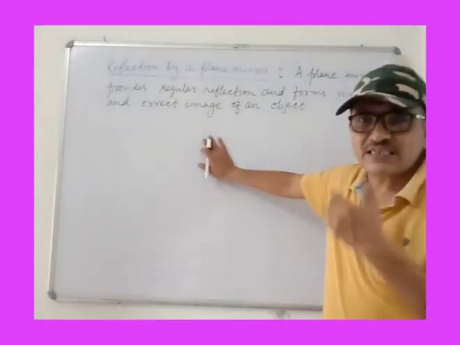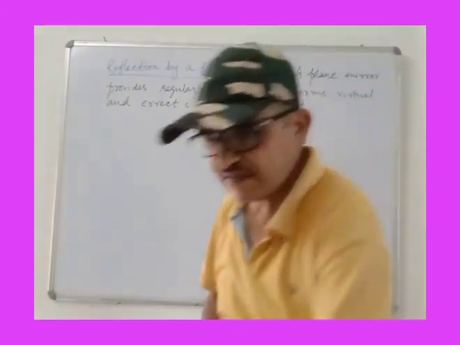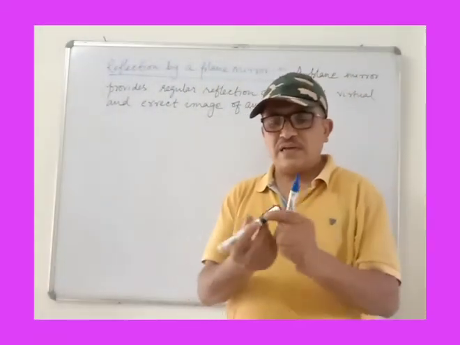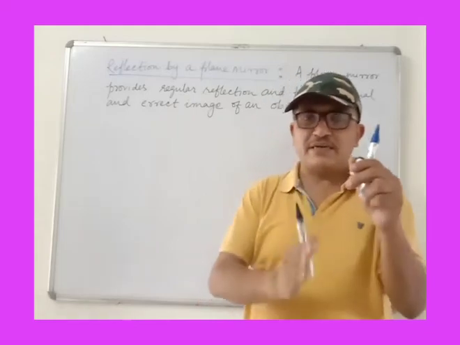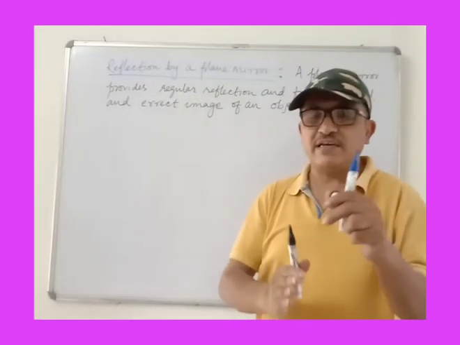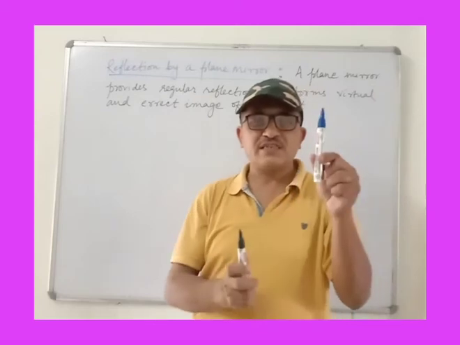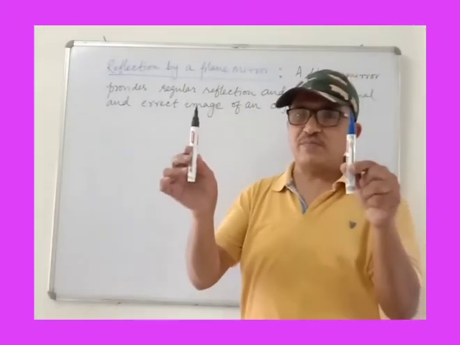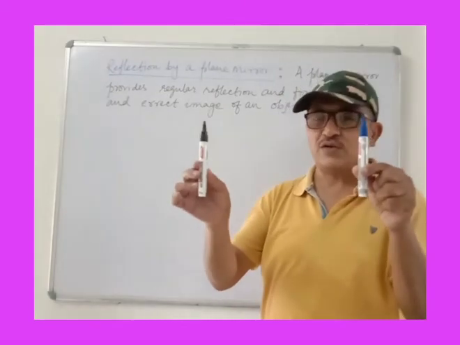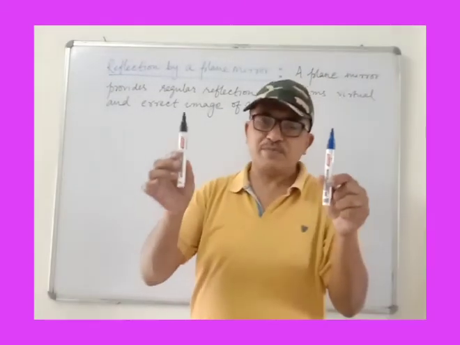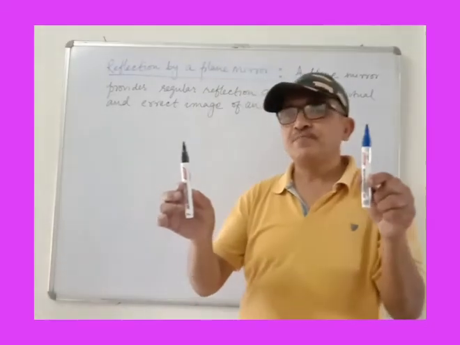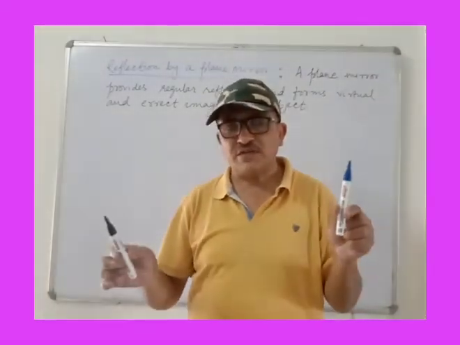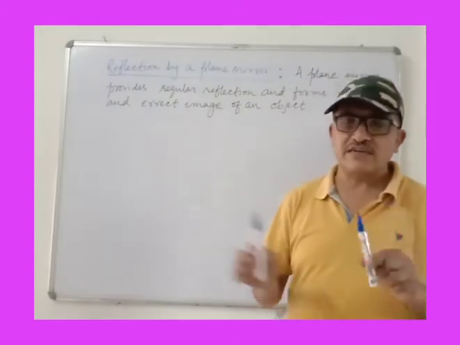Now what do you mean by erect? Erect means like this. See here. Suppose this is the object and its image is in the middle. There is a plane mirror. This is the object and this is image. Maybe its size will be less or equal, in case of plane mirror it will be equal, but in some other spherical mirrors it may be larger or smaller. That is a different thing.